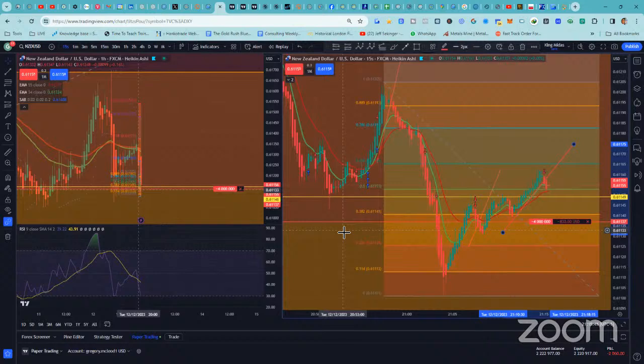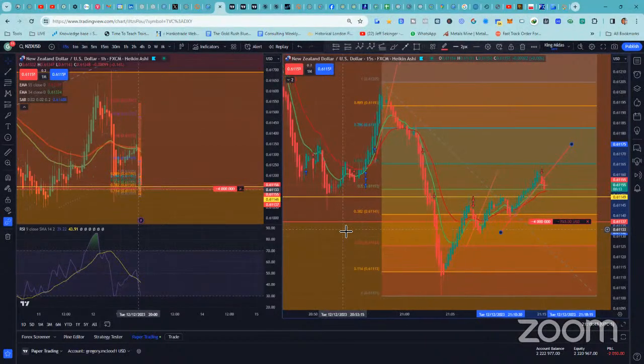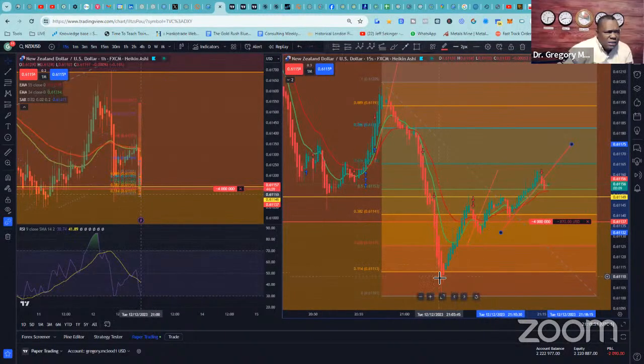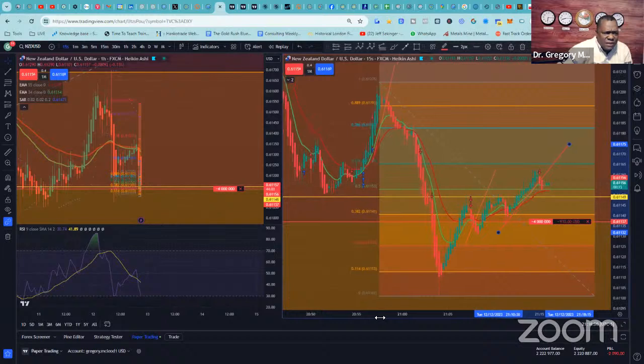Unless this is a break of the 50 and a retest to continue going up, that could happen. Yeah. It could be an A, B, C correction against the prevailing downtrend. After you get the flush that we took down, it was so easy to trade.